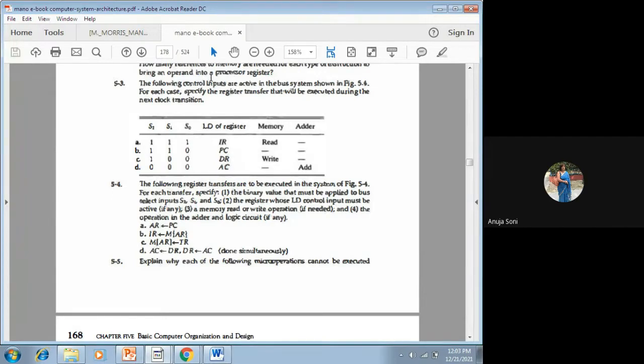Rather, one time only the value of S0, S1, S2 has to be changed, and corresponding to that value, simultaneously the two operations should take place. So you have to write down the control signals in such a manner.